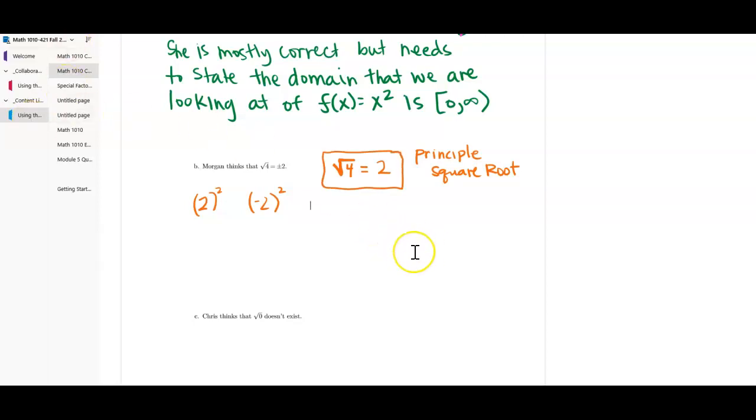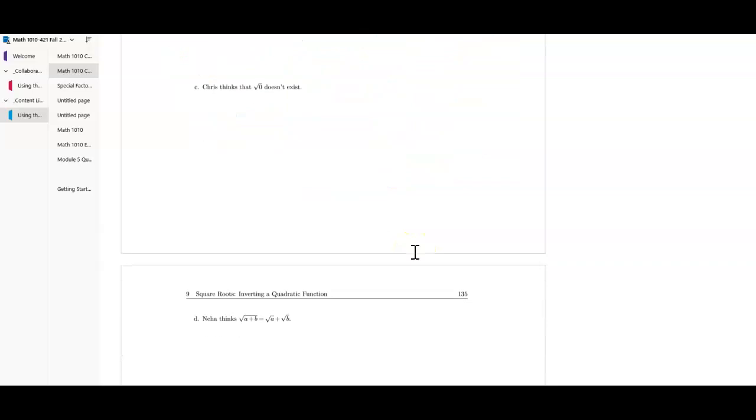In part C, Chris thinks that the square root of 0 doesn't exist, but if you put the square root of 0 into your calculator, you'll see that it does tell you it's 0. And why is that? Well, if we're thinking of what number squared gives me 0, 0 squared gives me 0, so that does exist.